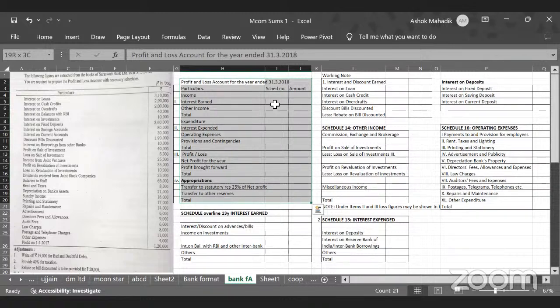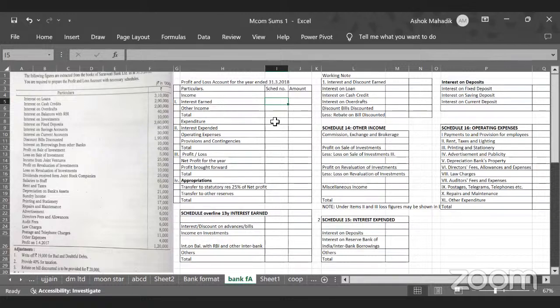This carries schedule numbers. Now someone may say, so small a P&L, but be careful. These schedules are big in size. Sometimes they may run down to a page. Don't be afraid of that. We'll give you a sum which will get over in at least half an hour's time.